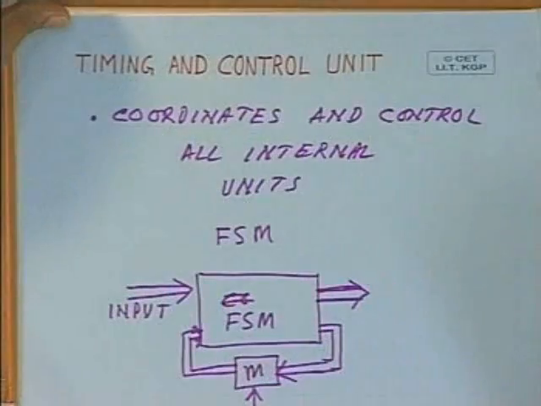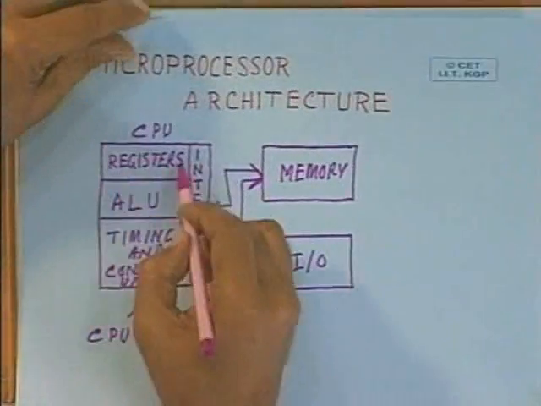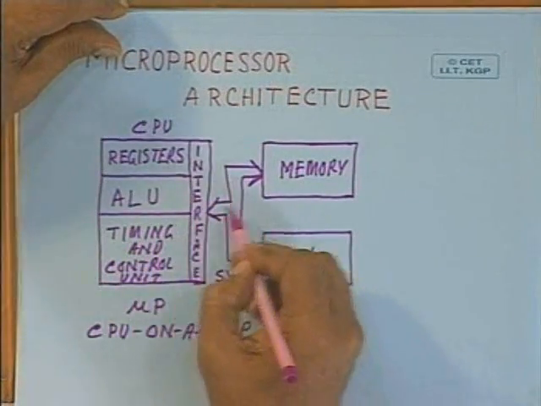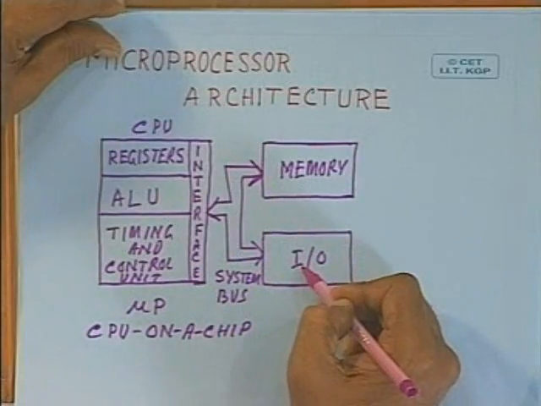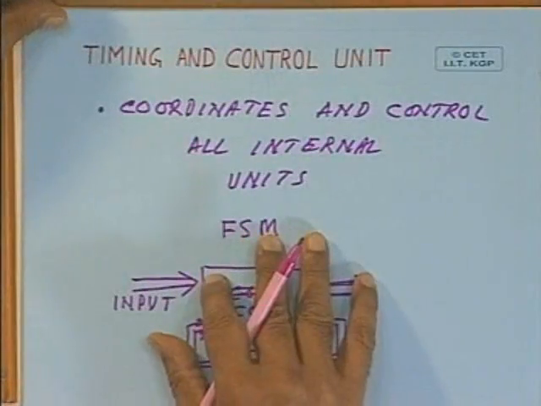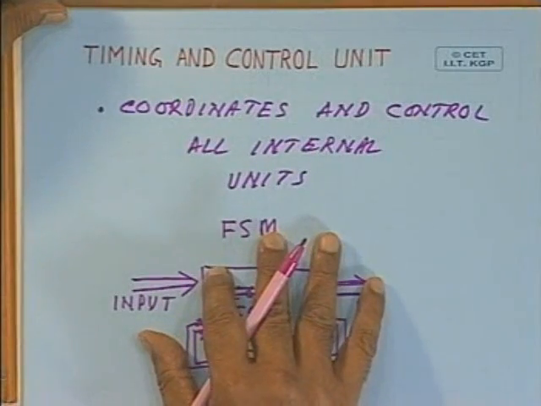And in return, it will generate control signals to control all the different sections, the registers, ALU. It will also generate control signals for memory and input-output devices. Anyway, in this class, we shall not go into the details of how the control unit is designed, but we shall see how it works, how it is controlling the memory and input-output devices. We shall do that in the next class.